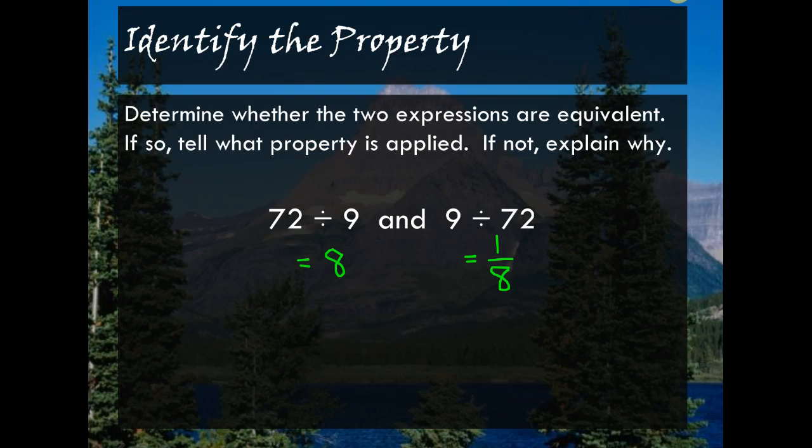The commutative property does not apply to division. For your answer, you would write no, because they are not equivalent, and then for an explanation, you can simply state that 8 is not equal to 1/8.